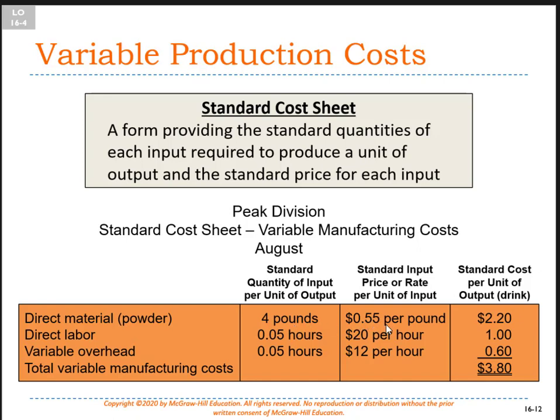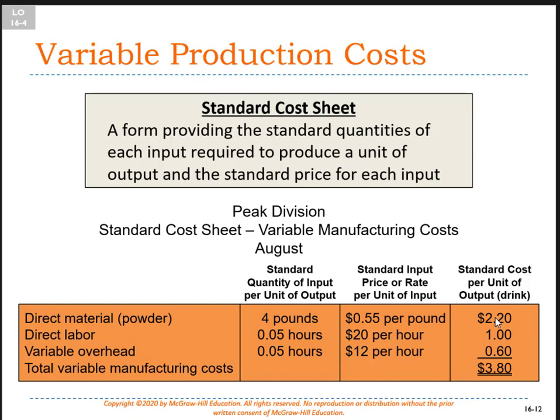And each of those pounds is supposed to cost 55 cents. So the cost for materials, assuming this is the only material, is $2.20 to make 1 unit of our output. That's 4 pounds times 55 cents.